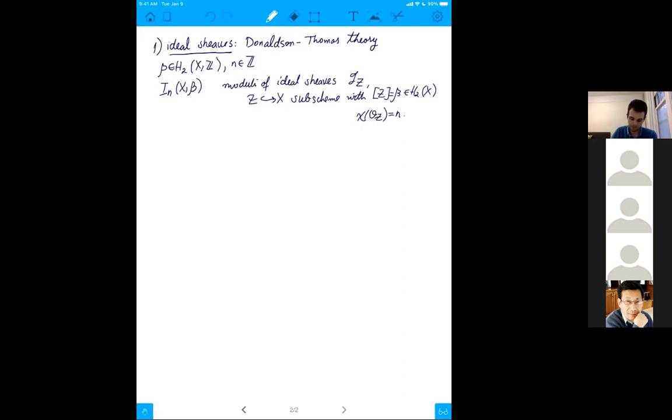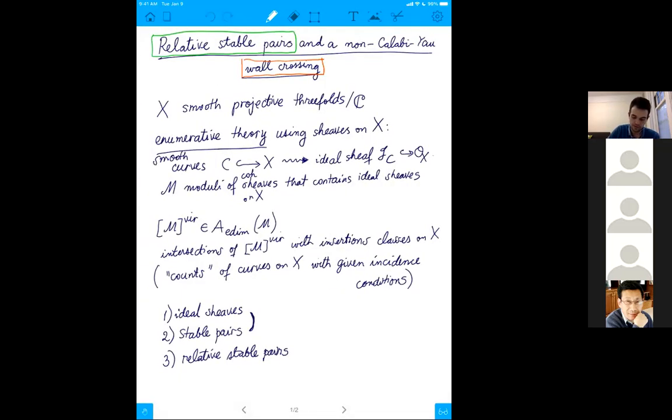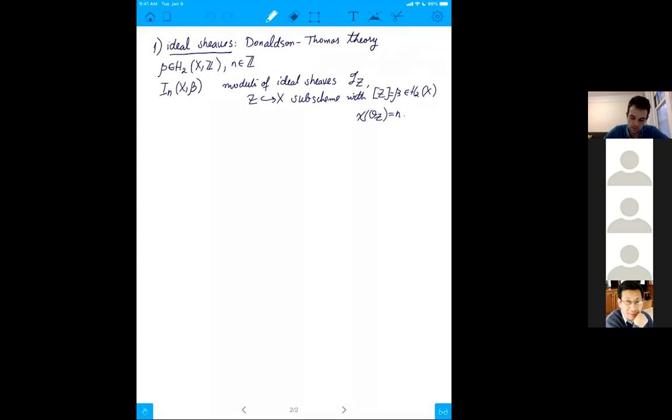So we want to find a proper space that contains all these ideal sheaves I_C for curves, and we add in this moduli space the ideal sheaves not only for smooth curves, but for all subschemes with the same support as C and with the same Euler characteristic.